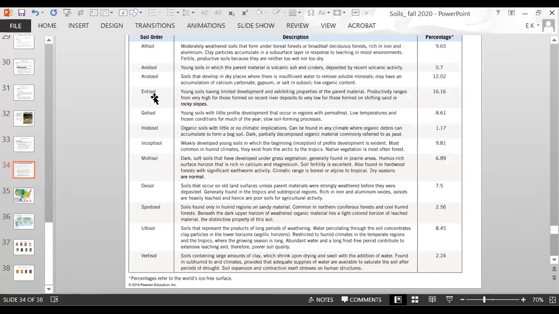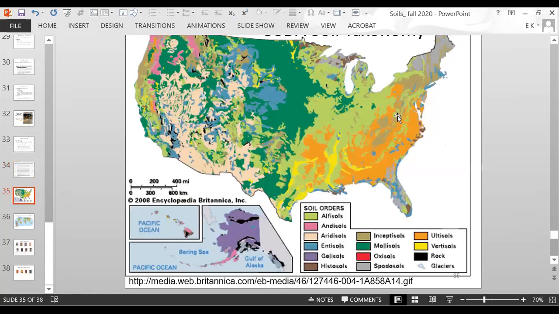So you may be wondering why Long Island has this type of soil. What might that be related to? That is most likely related to the glacial deposits, the glacial till, the outwash plains that formed Long Island.